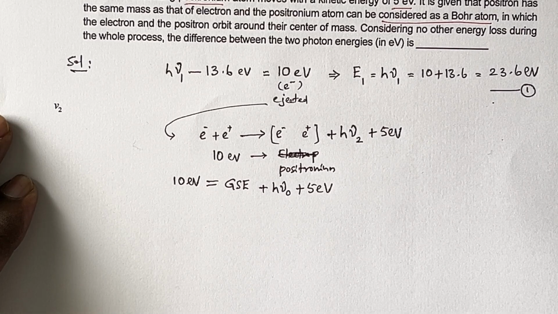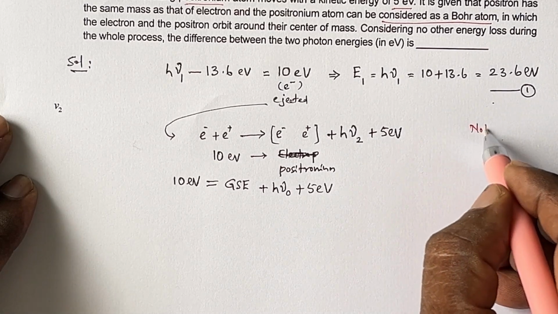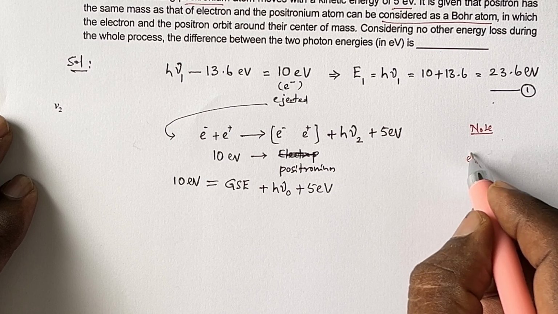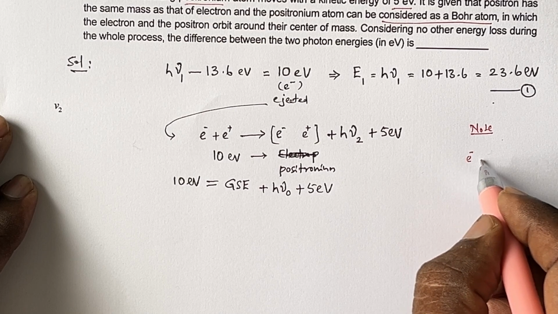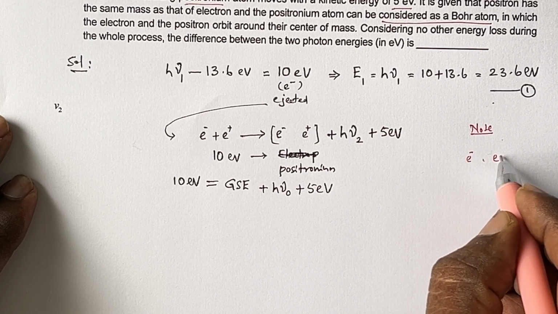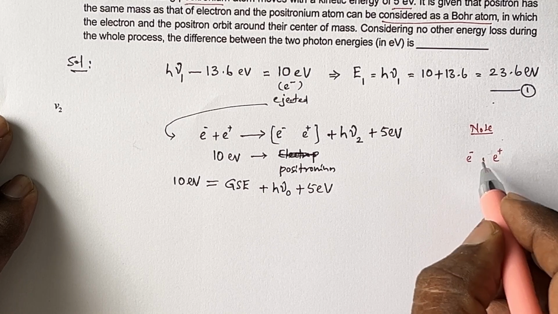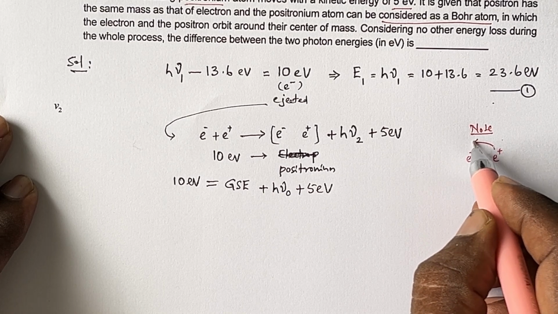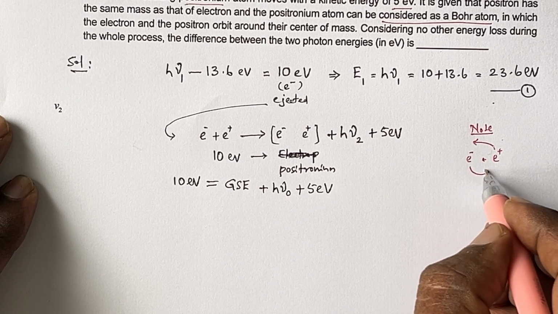What we know is that in positronium, the positron acts as the nucleus and the electron as the electron, and these two move around a center of mass.